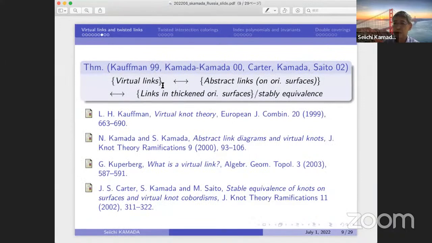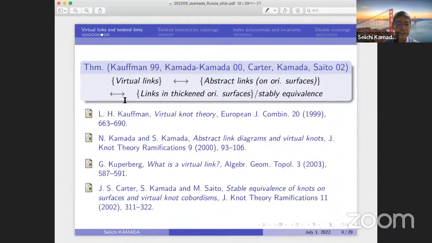Virtual links are defined by diagrams on the plane with virtual crossings. They are in one-to-one correspondence with abstract links, which are link diagrams on compact surfaces. Today, I'm not giving the precise definition of abstract links, but there is a one-to-one correspondence between virtual links and abstract links.